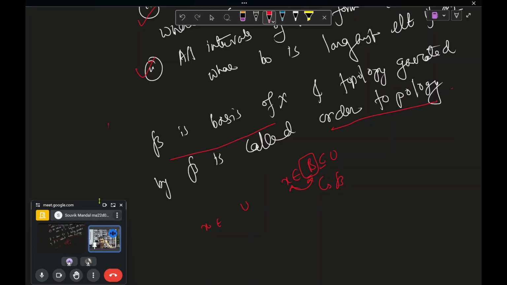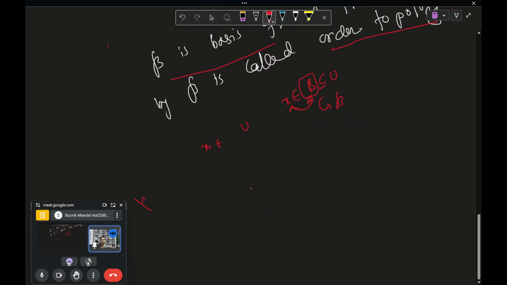So for example, if we take X equal to R with the usual ordering, then in that case it has no smallest element and no largest element.